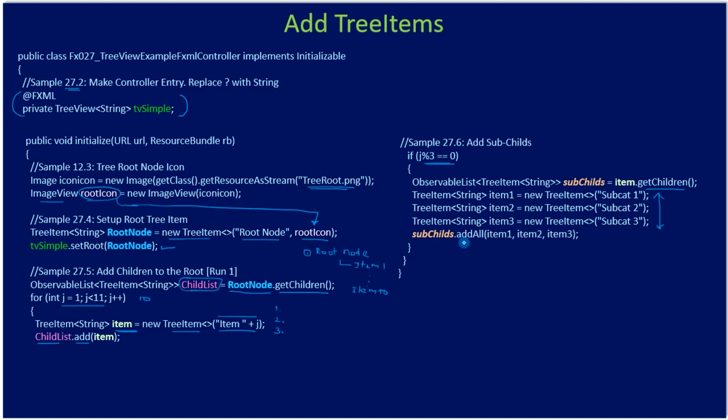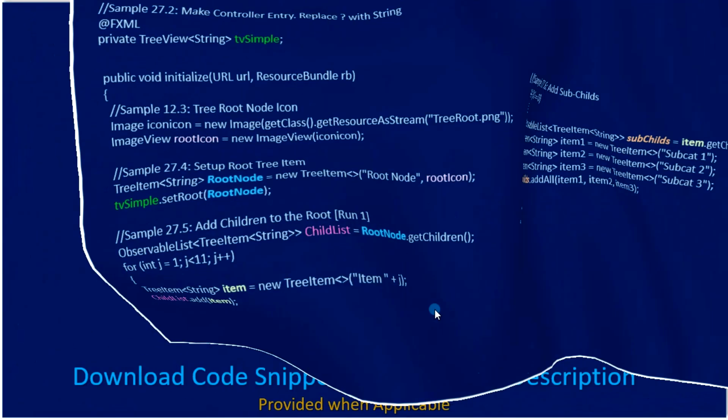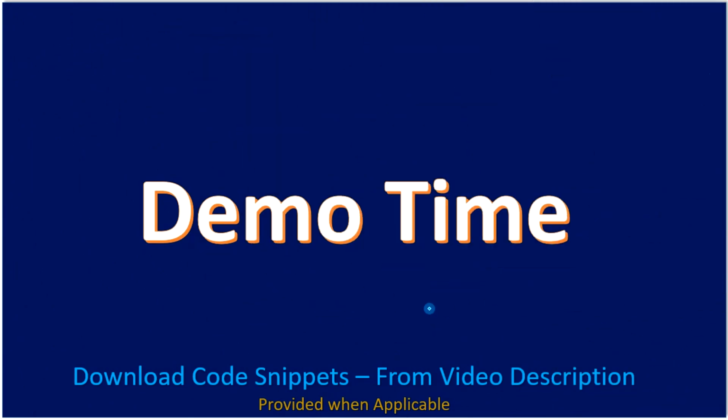Then subchild dot add all, we add these 3 subcategory items, right? That's why if you see here, if this is item 6, it may have 3 more children called subcategory 1, subcategory 2, subcategory 3. So this one, right? All right, now we will go to the demo and implement this code.